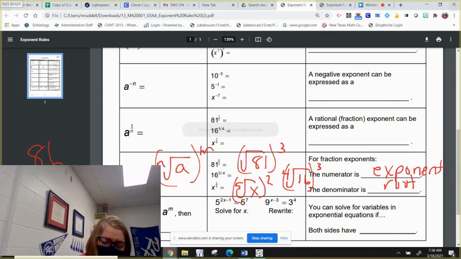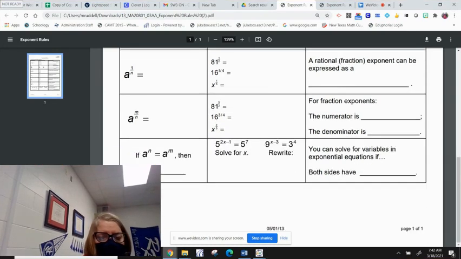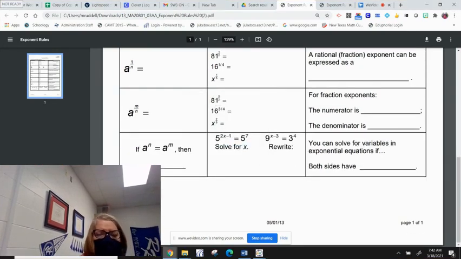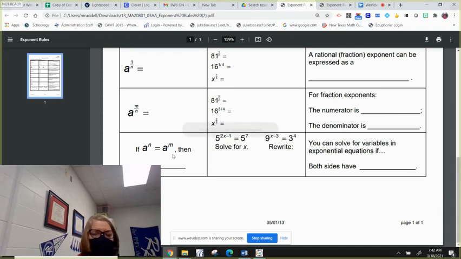This last rule is equations. Okay, notice what we have here. We have the same base. A is the base in both of those. And we have the equal sign in between.